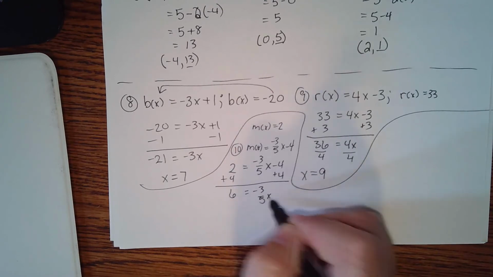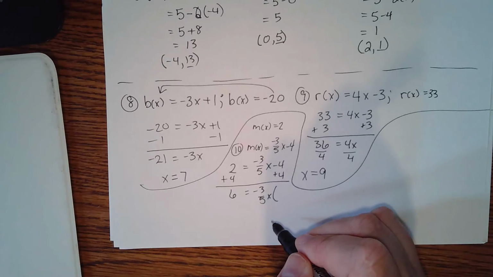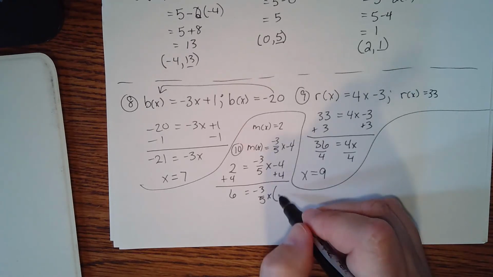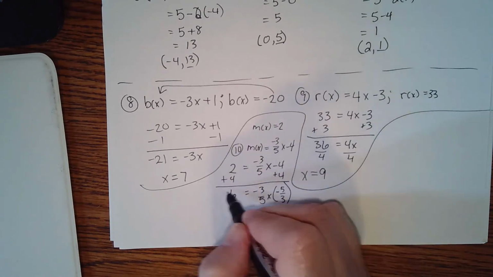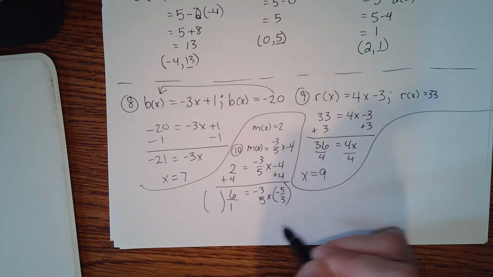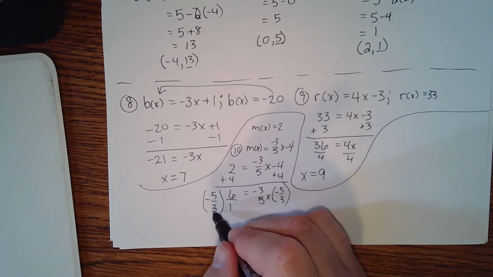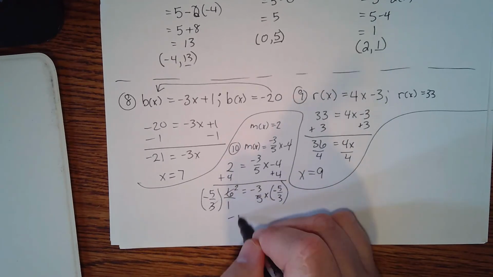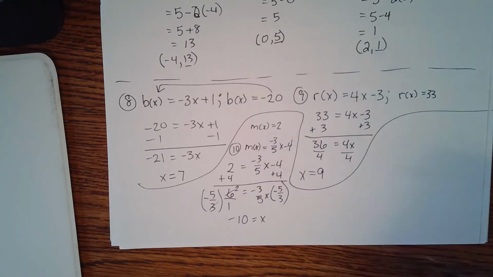Now remember, to get rid of a fraction, you could multiply by 5 and then divide by 3. Or the easier way is multiply by the reciprocal, which will be -5/3. So 6 is basically a whole number, so we're going to put it over 1. So 3 goes into 6 2 times. 2 times -5 is -10, and that is what my x is going to be, -10.